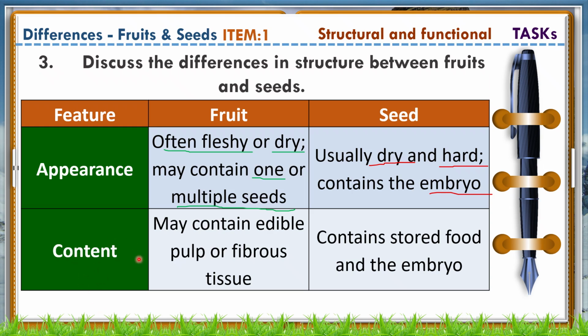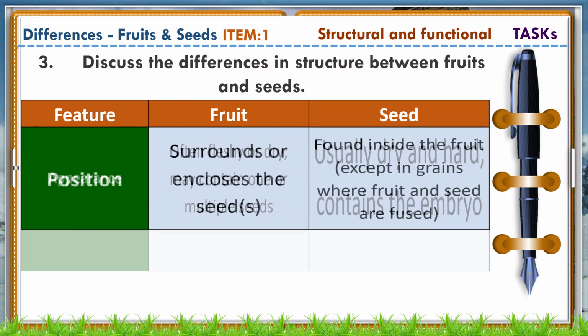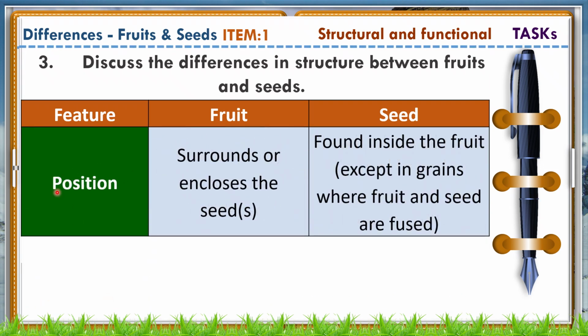When we come to the content, the fruit contains the edible pulp or fibrous tissue, whereas the seed contains stored food in the cotyledon and the endosperm and the embryo. Then we have the position.